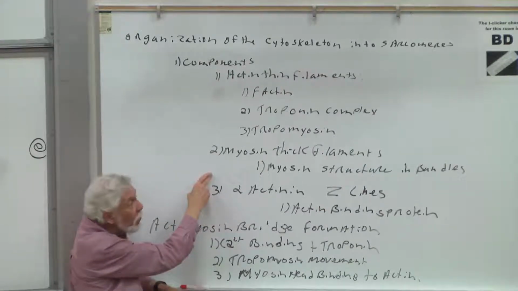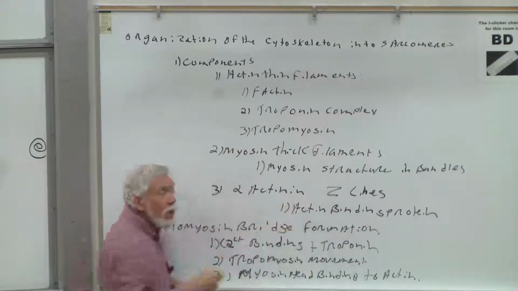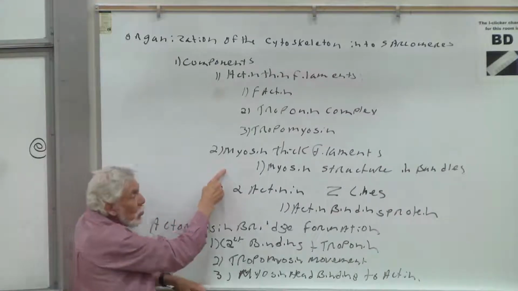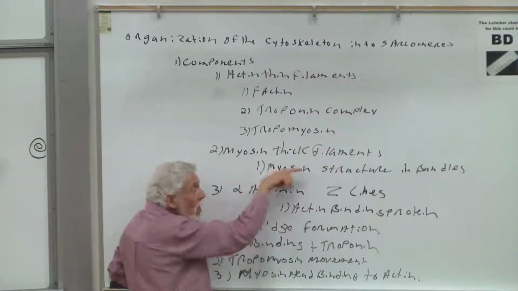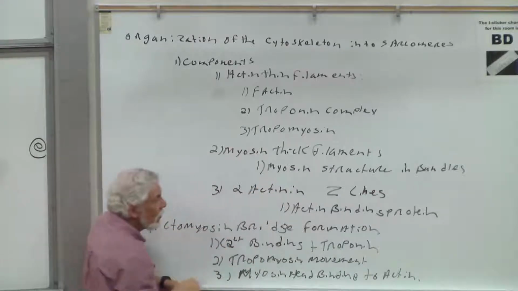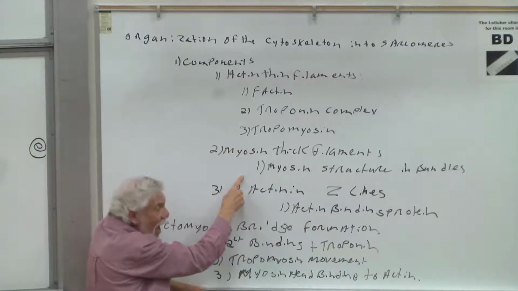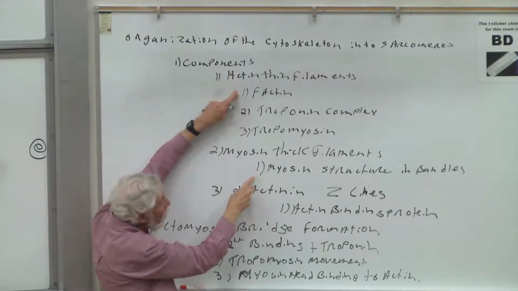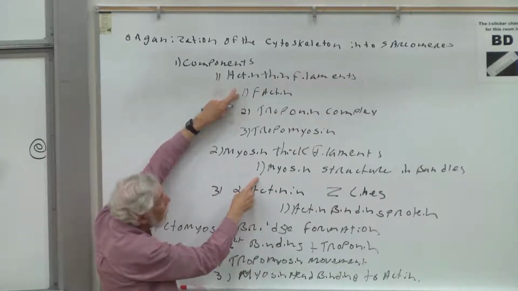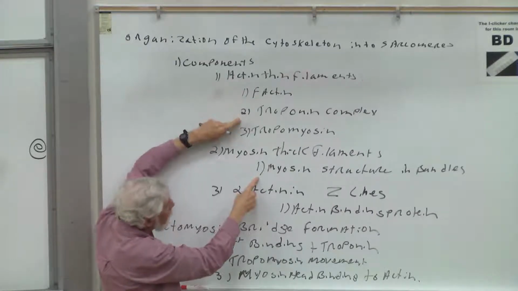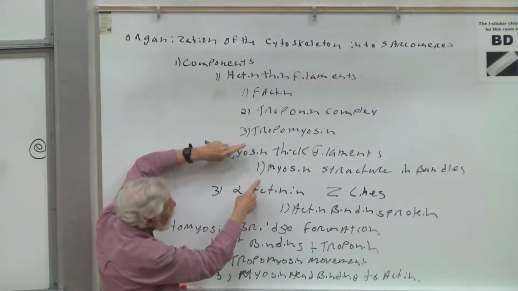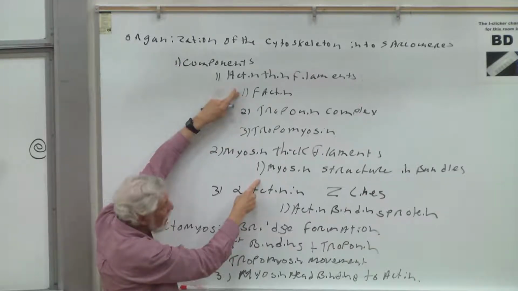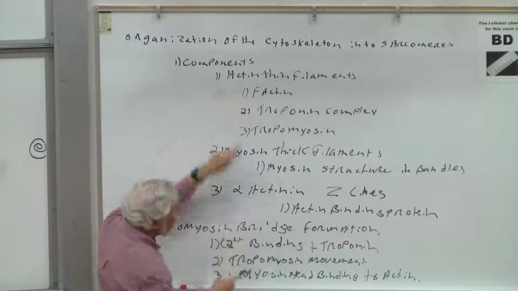We've talked about myosin before, but now the myosin thick filaments are going to be in bundles, like a bundle of sticks with these heads sticking out. The myosin structure allows its heads to reach up and contact the actin. But they can only do so after calcium is bound to the troponin complex and the tropomyosin is moved out of the way to reveal the actin binding site. And we'll see how that gets done.